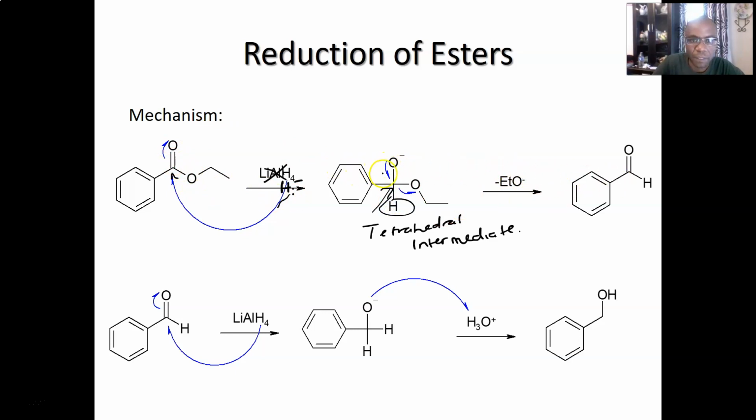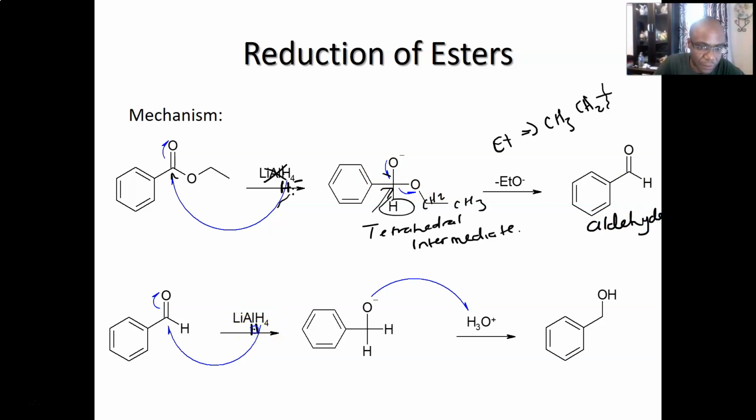When this comes back down, the OEt falls off. This is CH2, CH3, which is the Et part. Et is just CH3, CH2, right? When you make back the carbonyl, the OEt falls off, you get an aldehyde for this molecule.